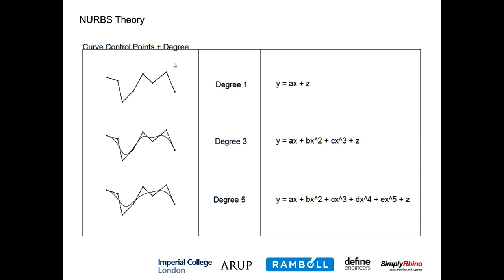So in this table here, we have got 3 different curves. Each one of those has exactly the same control points, but they've got a different degree number. And what that degree represents is, first of all, the degree of the polynomial equation which is describing that curve. So some examples of polynomial equations over here, if you didn't know what those are.